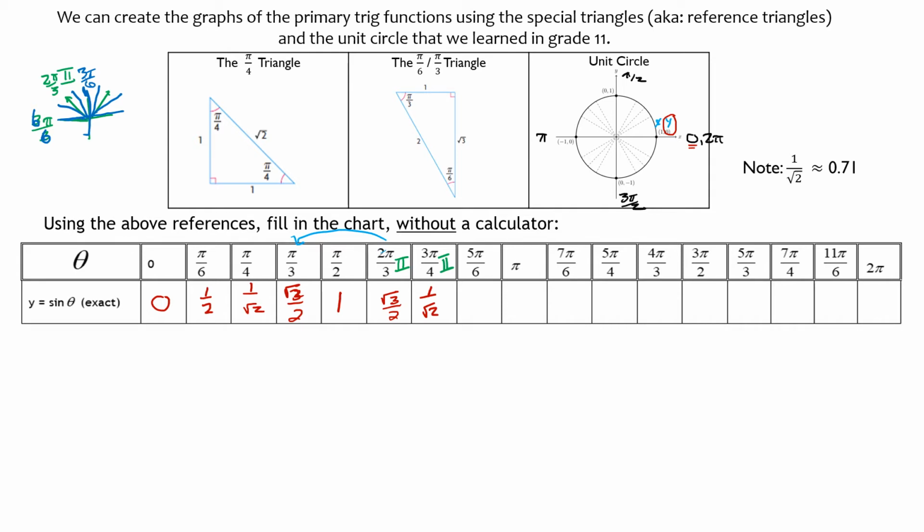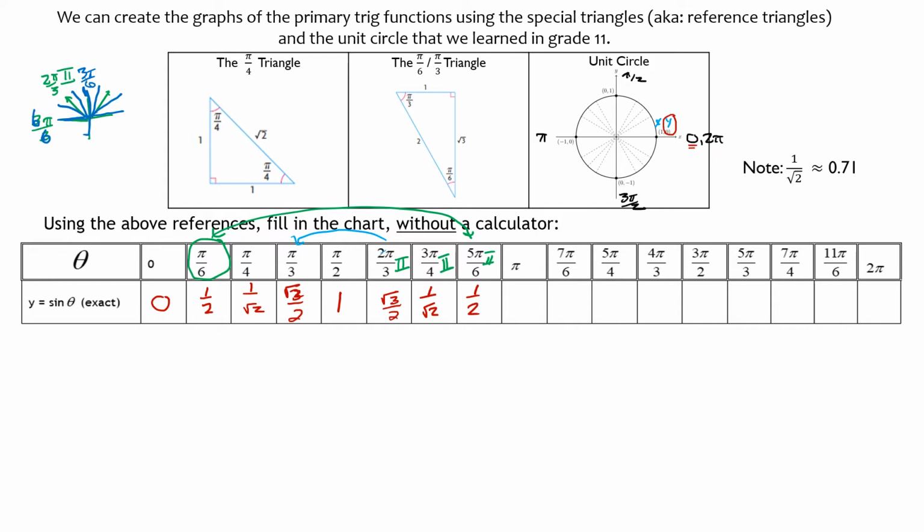So 5 pi over 6 is also in quadrant 2. And pi over 6 we already know from before. So I already know that it's going to be 1/2. And in quadrant 2, is sine positive or negative? It's positive, so it stays 1/2.